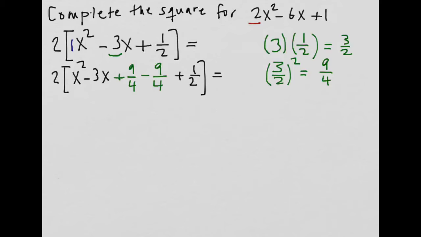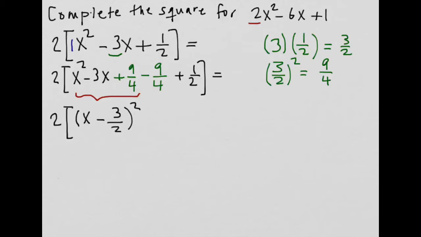But now, by adding and subtracting this 9 over 4, those 3 terms, x squared minus 3x plus 9 over 4, give us a complete square. So we have 2 times (x squared minus 3x plus 9 over 4, which is equal to (x minus 3 over 2) squared. You can check that this is true by expanding (x minus 3 over 2) squared. If you do that, you'll recover your x squared minus 3x plus 9 over 4.